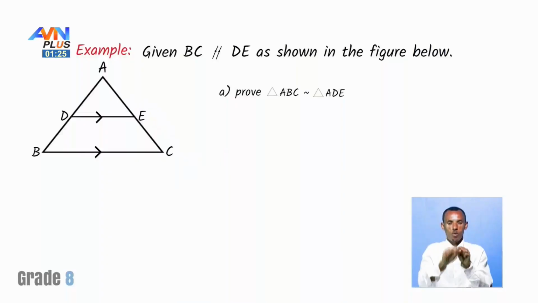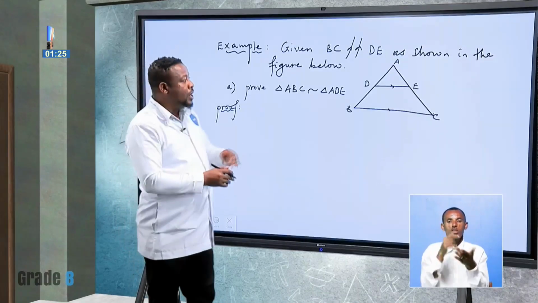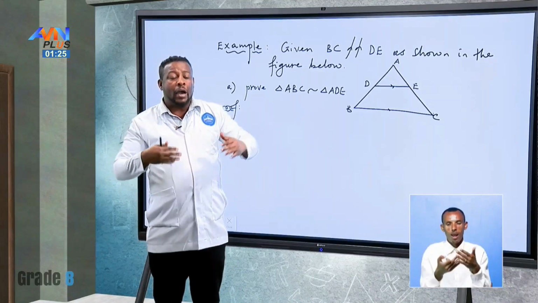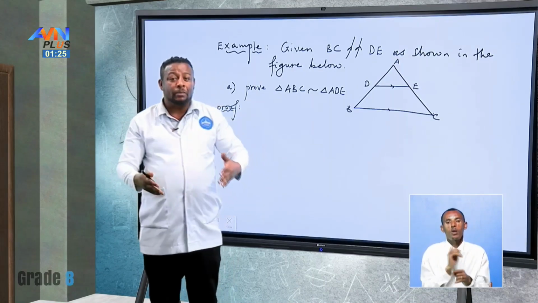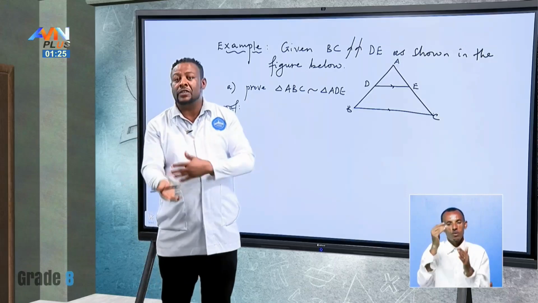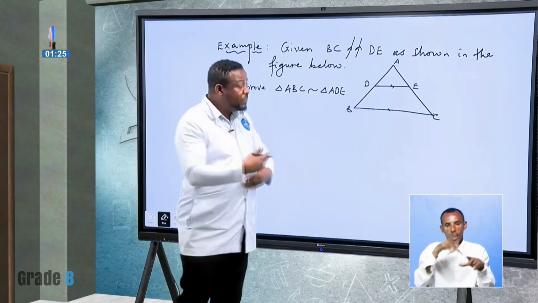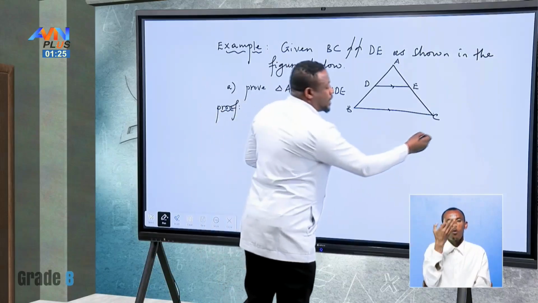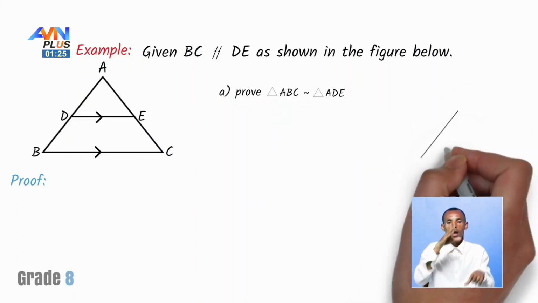So here we apply our previous knowledge to prove this fact. Before I proceed to the formal proof, I want to remind you of some concepts of parallel lines and transversals, right? From your previous grade level, you have knowledge of parallel lines and transversal lines.